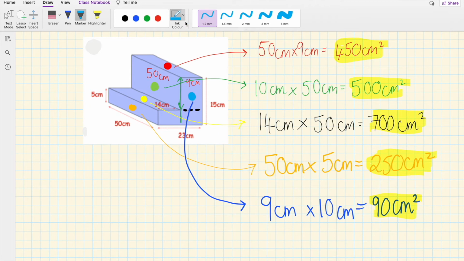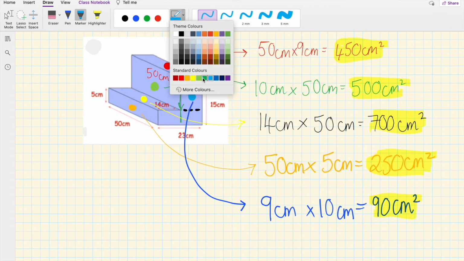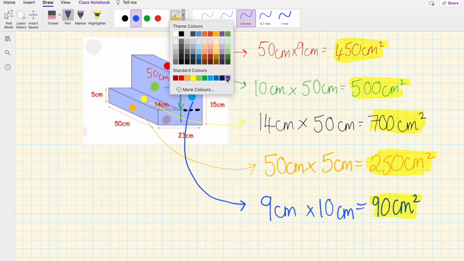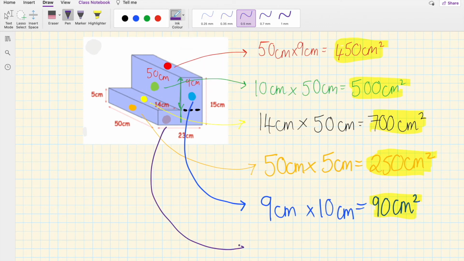And then finally, let's choose a purple, this one here. This rectangle has a height of 5 and a length of 23. And the area of that rectangle is going to give us 115 centimeters squared.